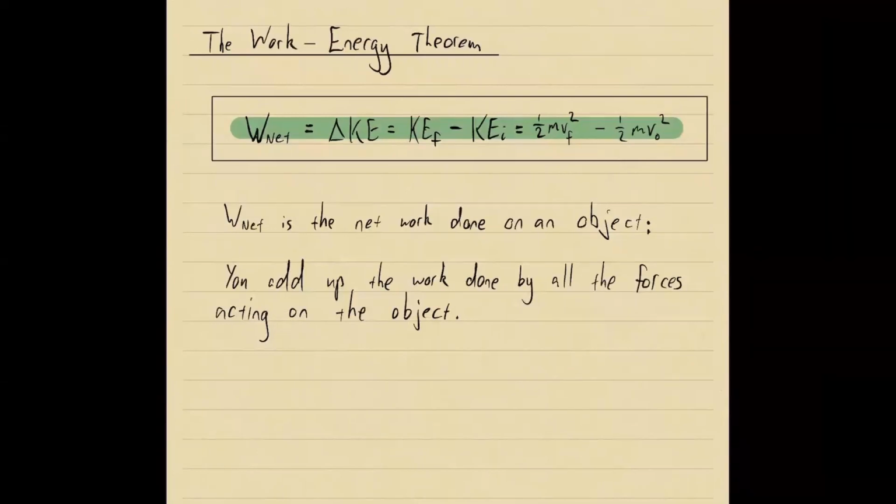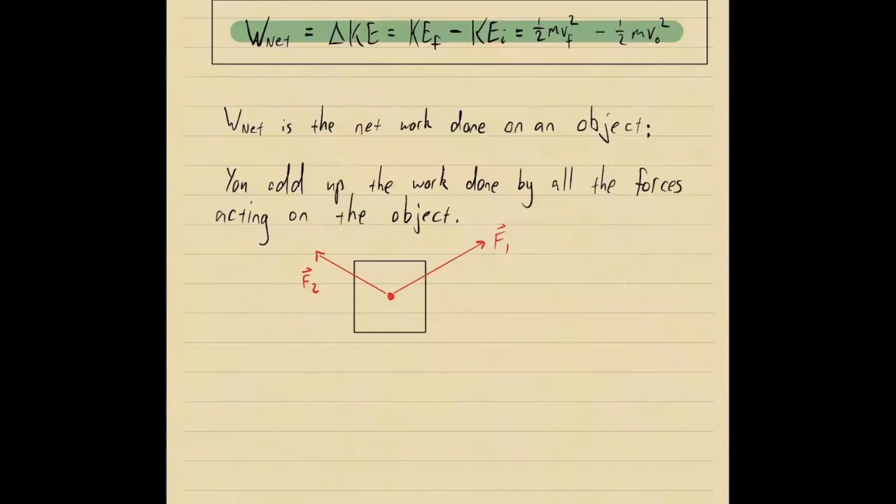As an example, if we have a box like so, let's say that there are 3 forces acting on the box. This is the center of the box. Let's say that there's a force F1, points like this. Let's say that there's a force F2, maybe points over here. Maybe there's a force F3 that points kind of downish like this.